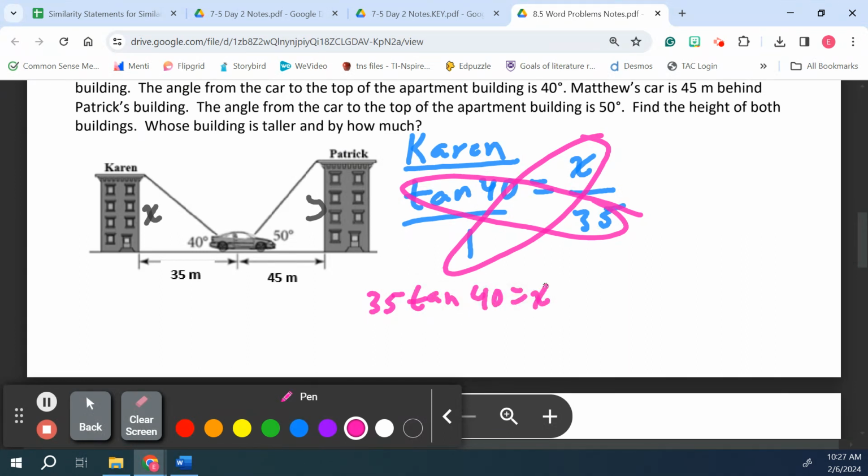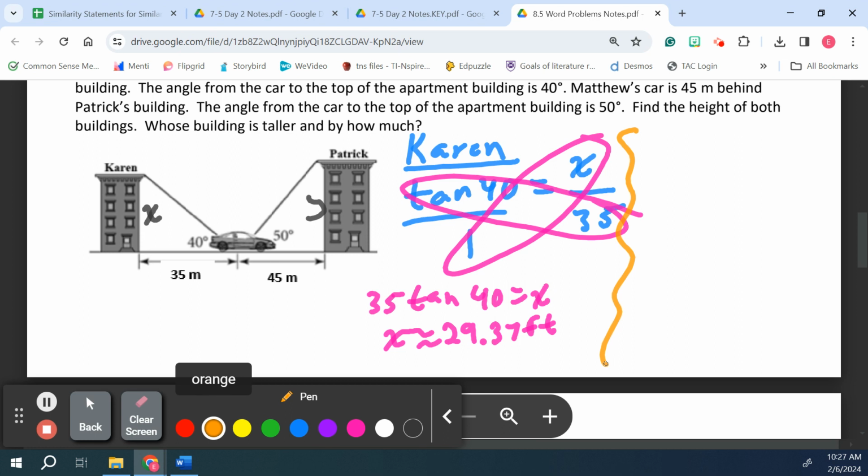Someone put that in your calculator and tell me about how high is Karen's building. Round to the 100th. Good. Very good. 29.37. All right, so that takes care of Karen.